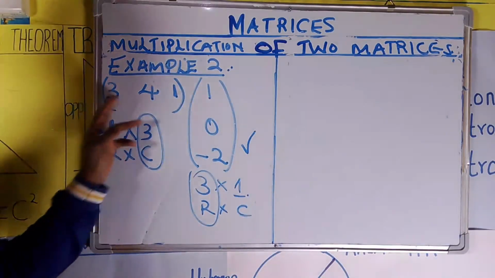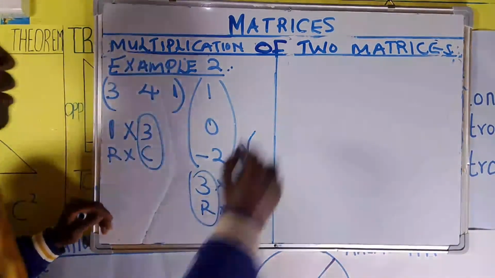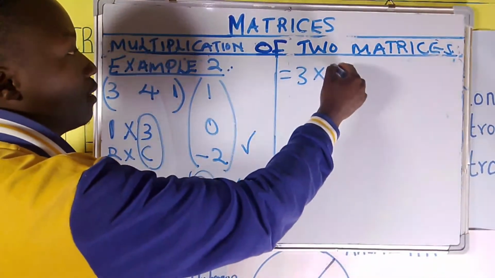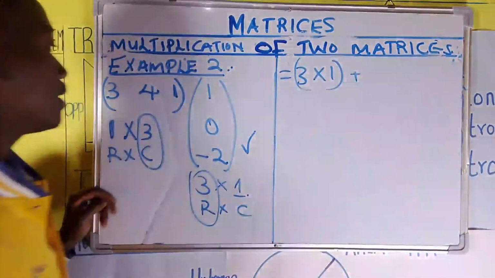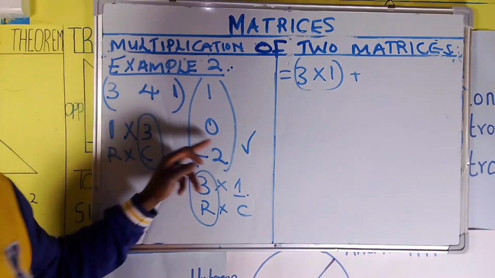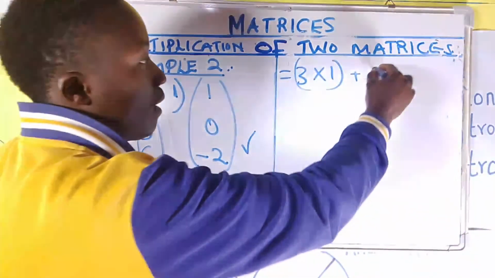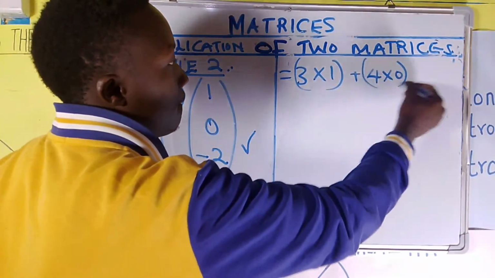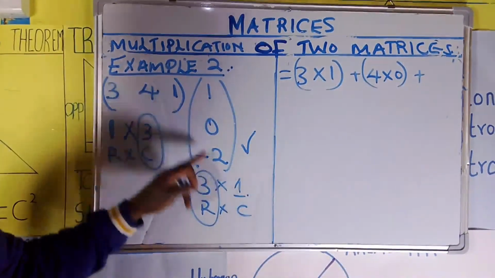So for us to multiply this, we will take 3 times 1 plus 4 times 0 plus 1 times negative 2.